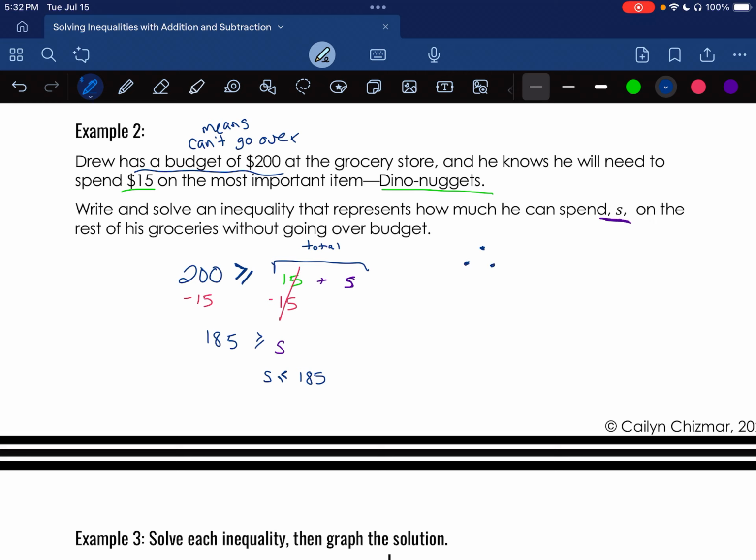And it says, therefore, Drew can spend $185 or less on his remaining groceries.